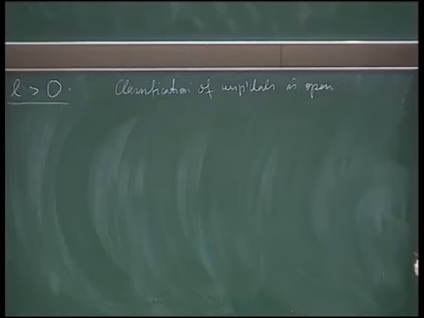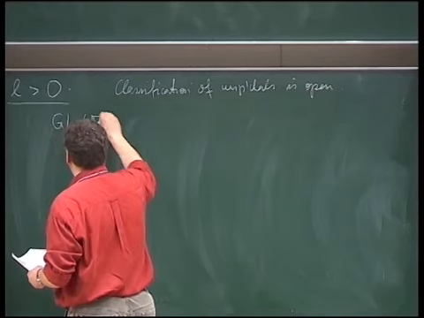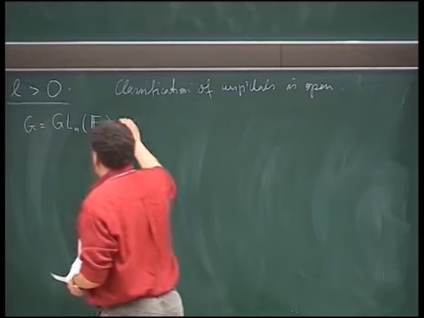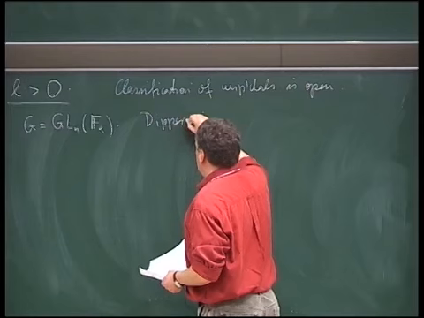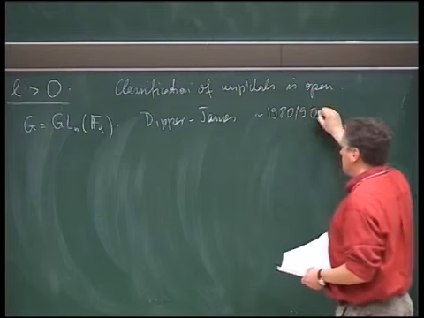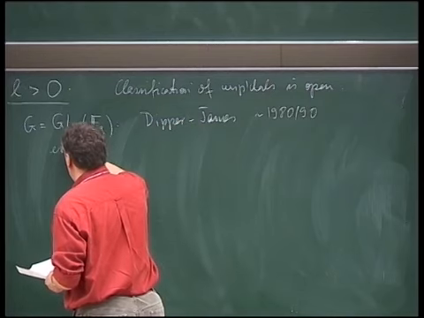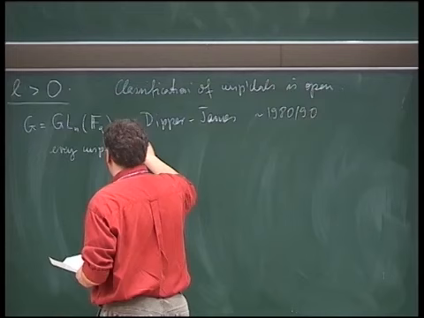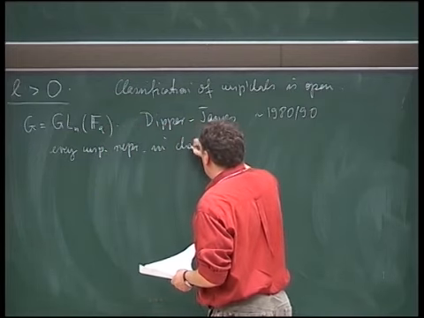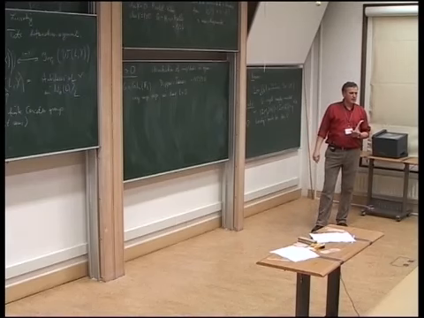The best known results here are in GL_n. So this is the work of Dipper and James in the 1980s and 90s. What the special feature of GL_n is in this context is that every cuspidal representation in positive characteristic lifts to a cuspidal representation in characteristic 0.